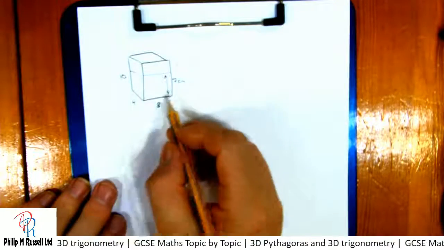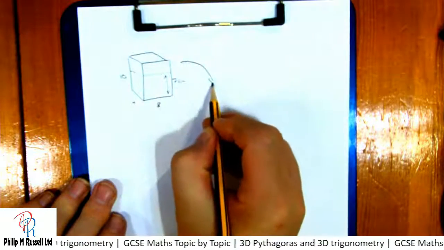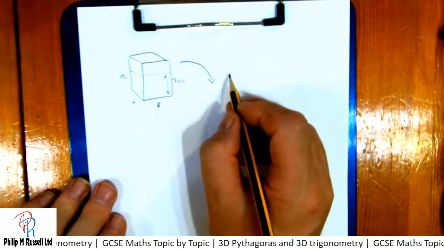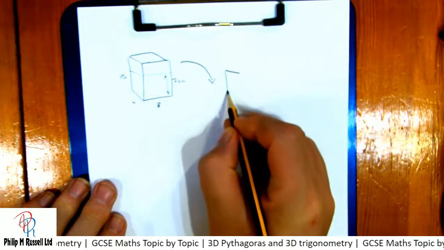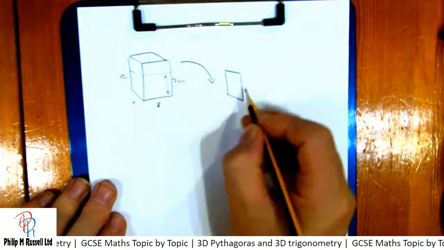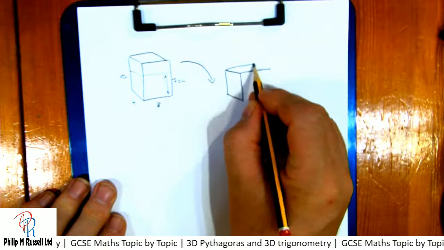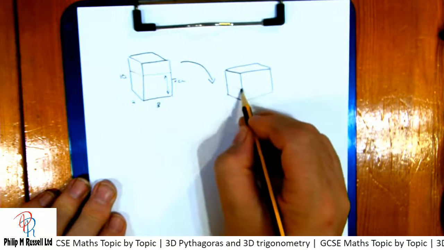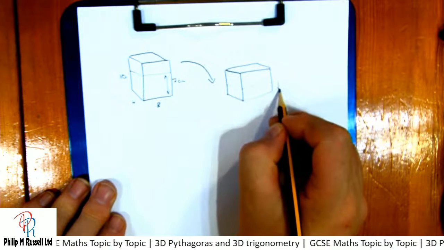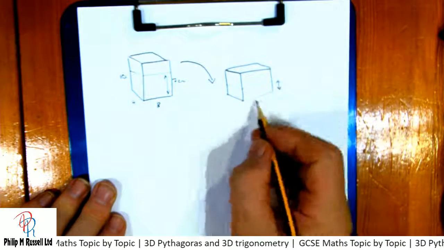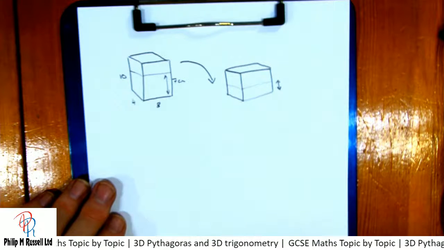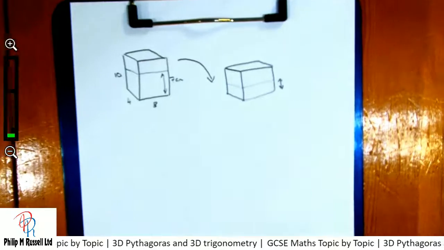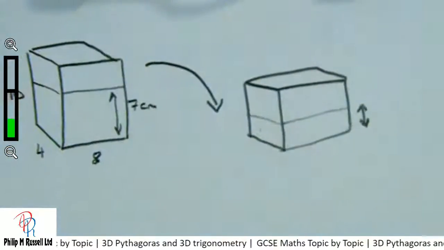And if this carton is now turned over, we now need to work out how high it might be when we've turned it over. Let's zoom in and have a look at how we would try and solve a problem like this.